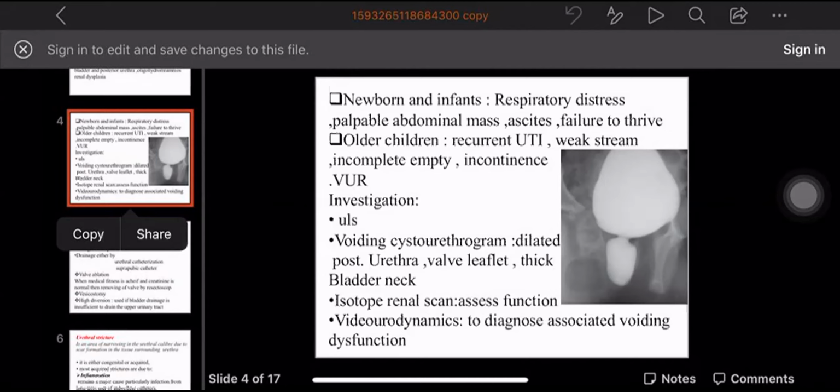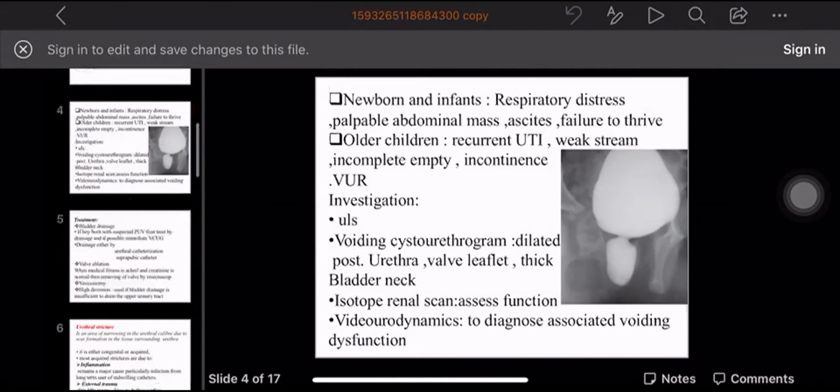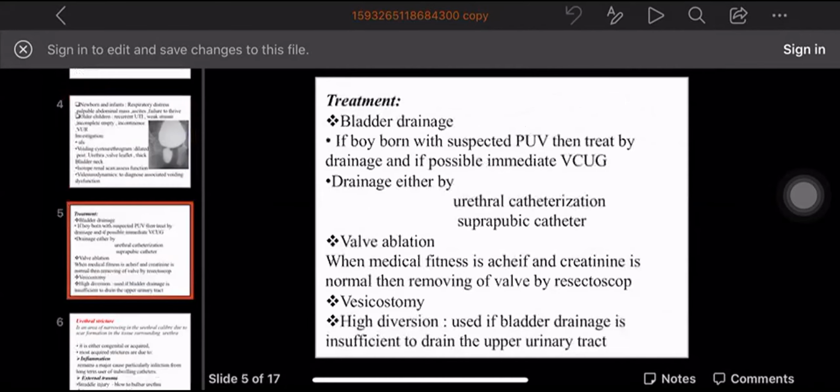Isotope renal scan assesses renal function, and also video urodynamics to diagnose associated voiding dysfunction. Treatment. At first, we should do the general care of this patient.